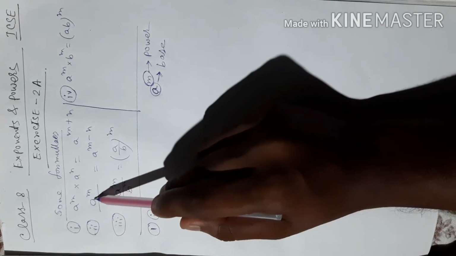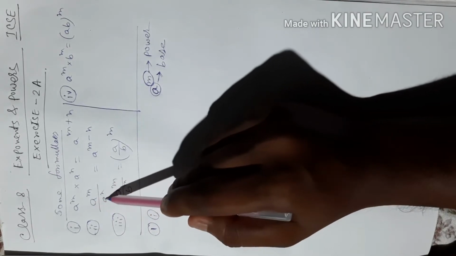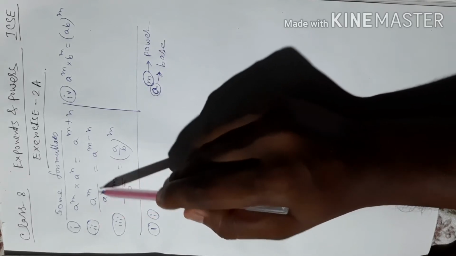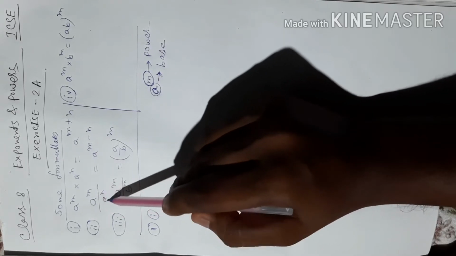Second rule: a to the power m divided by a to the power n equals a to the power m minus n.